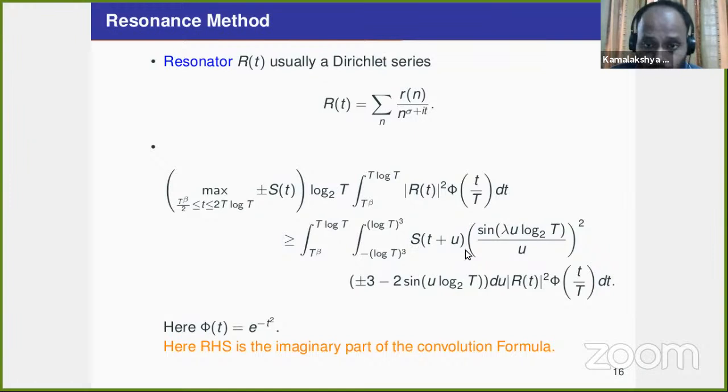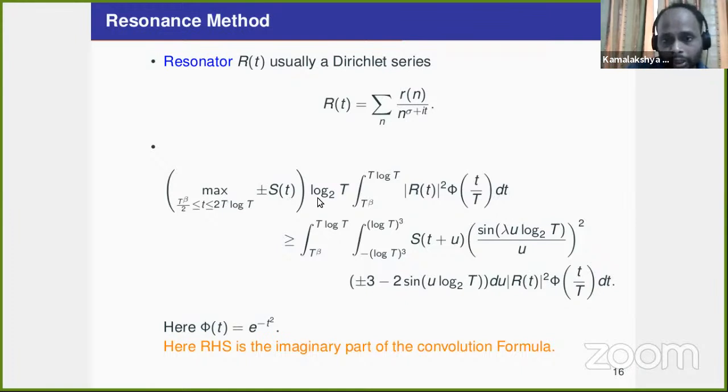If we exclude S of t here and calculate this integral, then we'll get double log of T. Whatever remains is the integration of R of t squared phi t by t dt, which is on the right hand side, right? So this formula is clear, I hope you agree with me that this is correct, right? So now we'll use this to find this maximum of plus minus S of t.